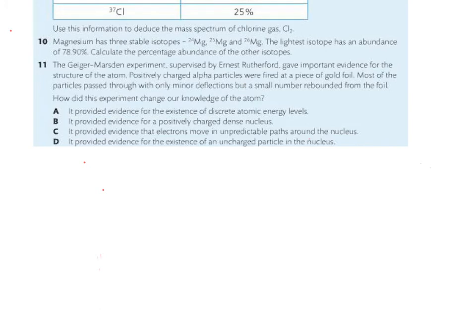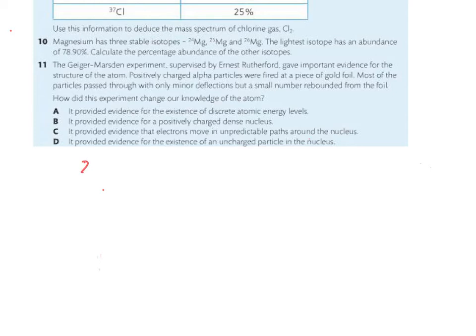Number 10 then is a little bit messy, but it's very similar to the 2 isotope problems that we solved earlier. It says magnesium has 3 stable isotopes, magnesium-24, 25, and 26, with the lightest isotope having an abundance of 78.9%. So calculate the percent abundance of the other 2 isotopes.